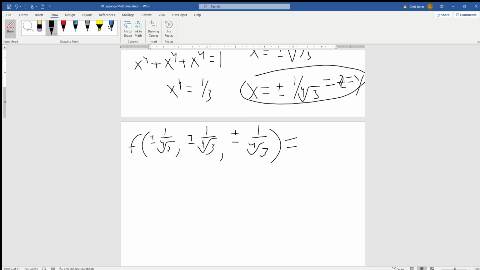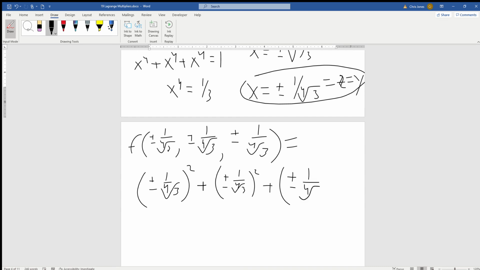is going to be equal to plus minus 1 over 4th root of 3 squared plus 1 over 4th root of 3 squared, and then plus, not surprisingly, plus minus 1 over 4th root of 3 squared.